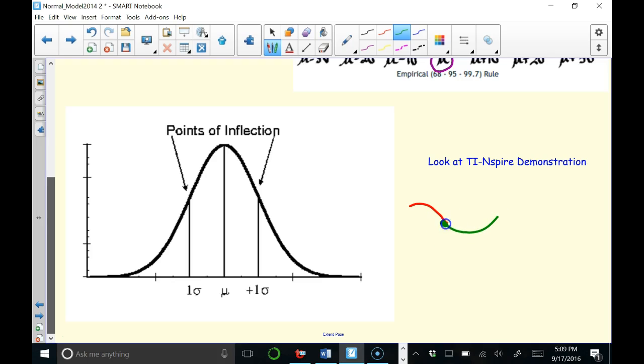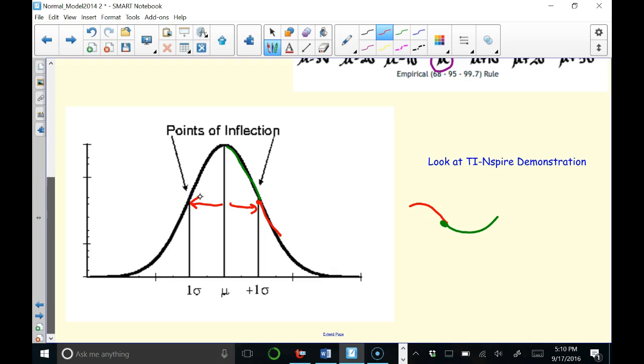That point where they meet is a point of inflection. If we look at this graph here, it looks like it's a down cup, it wouldn't hold water. And then around here, it switches to an up cup that would. That distance from the mean is 1 standard deviation. And we can see it on both sides.